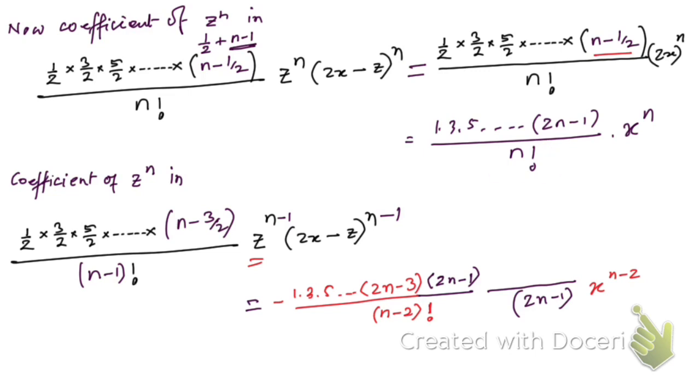In that case, factorial n can be written as n into n minus 1 into n minus 2 factorial. So in order to make it factorial n, we have to multiply n into n minus 1 here, and if you multiply with the denominator, then that should be multiplied by the numerator as well, n into n minus 1 here, okay? So hope you have understood this.